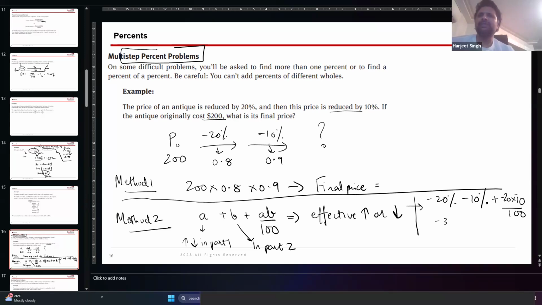So this will become minus 30 plus 2, which means the effective rate becomes minus 28%. That also means the original price after 2 discounts fell by 28%. So the final answer will be 200 into 0.72. That's the final answer.